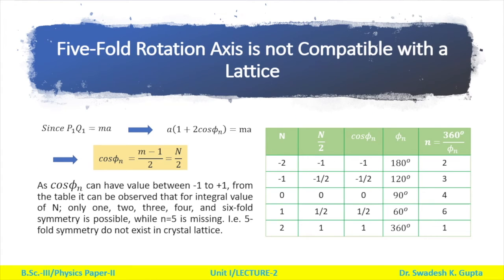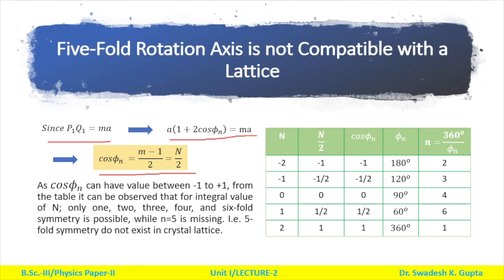As we know that P1Q1 is equal to ma, from the previous equation we can equate these two, and then we will get cos phi equal to (m - 1)/2. In place of m - 1 we can put n, which is also an integer.